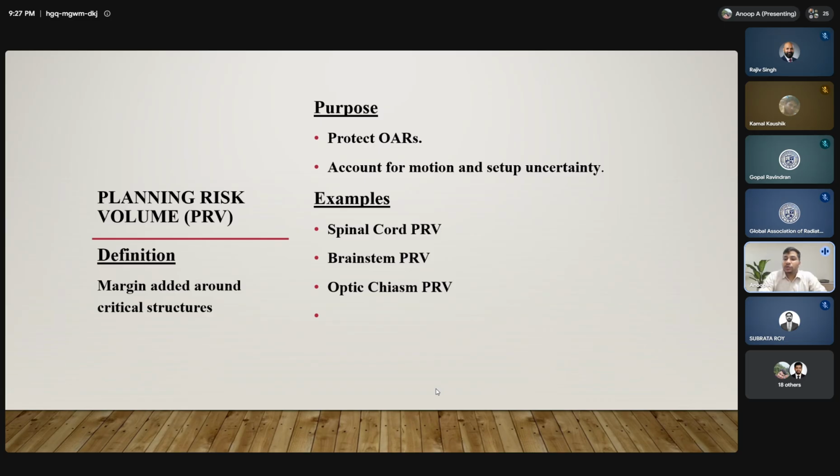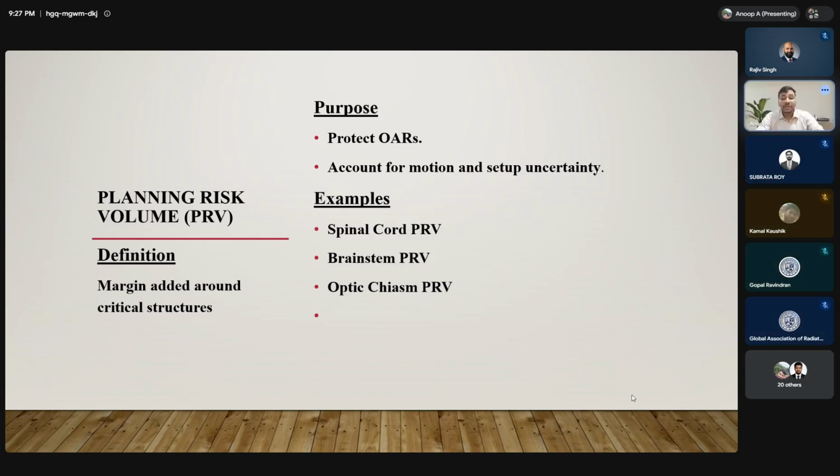Just like the tumor moves and experiences daily setup errors, healthy organs move and experience setup errors too. The PRV is the OAR plus a protective safety margin built around it.